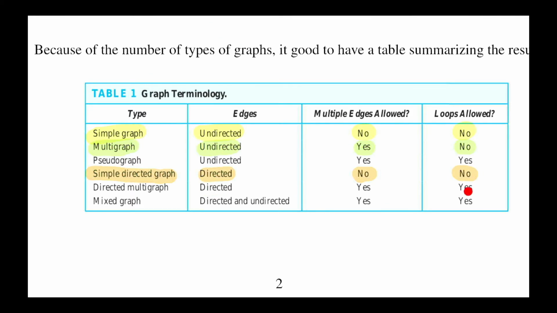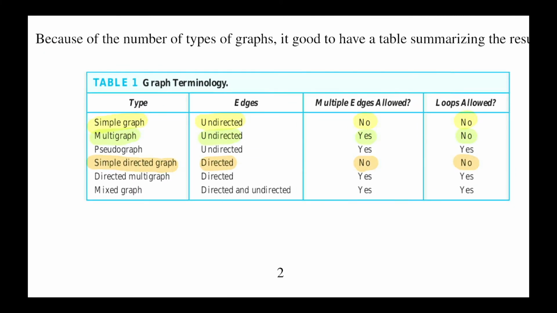But then if you look over here, they're allowing loops in the directed multigraph, but they're not allowing loops in the regular multigraph. And that just seems weird to me. And whatever, they did it. I don't think that will ever be an issue, but maybe it will. Multigraph, no loops, according to this.